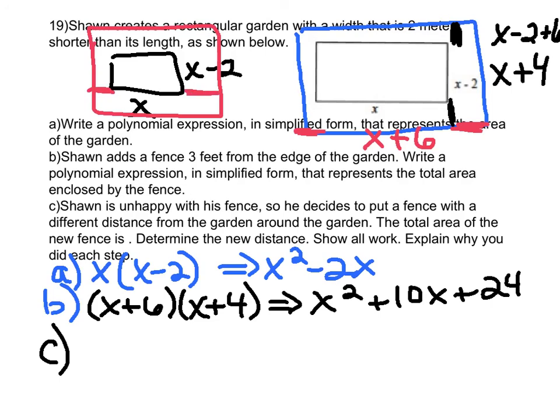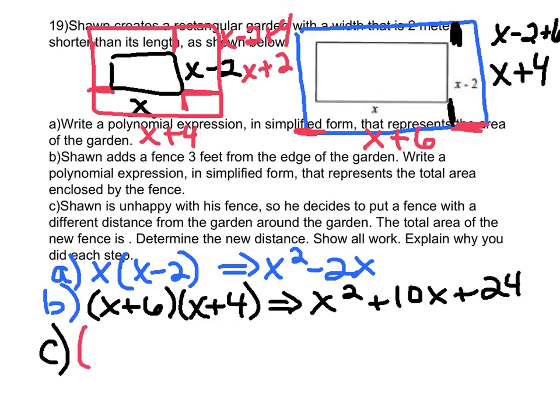So that would make this length x plus 4, because you have 2 and 2, which is the 4 feet. And then he's taking the extra 4 feet here, so x minus 2 plus 4, which is actually going to give you x plus 2.